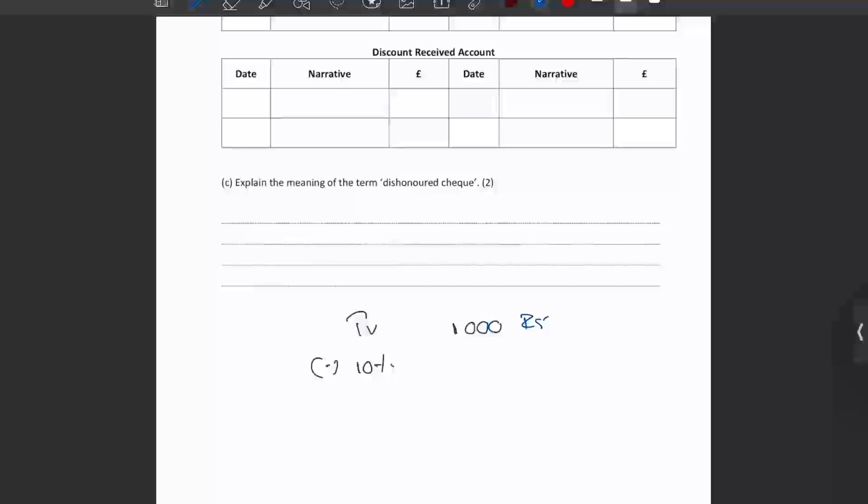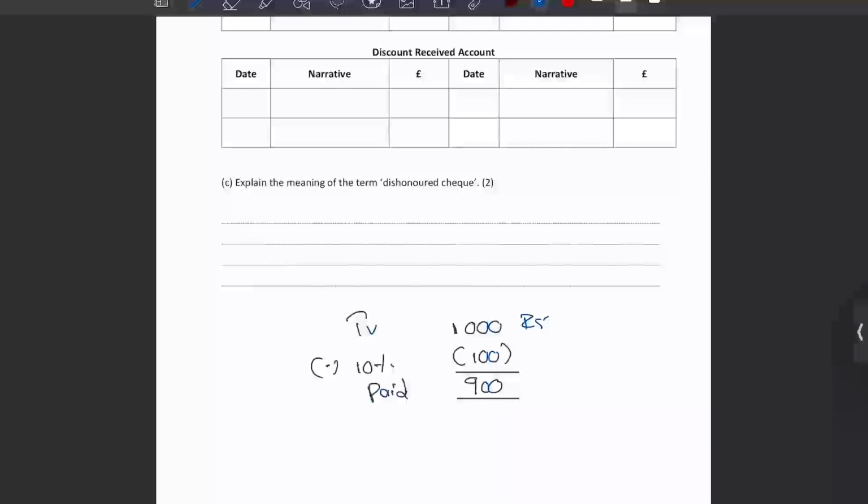How much is 1,000 into 10%? 1,000 into 10% will give me 100 discount. Is that clear? If you get a discount of 100, how much is the payment that you will make now? 900 is what you are going to pay.